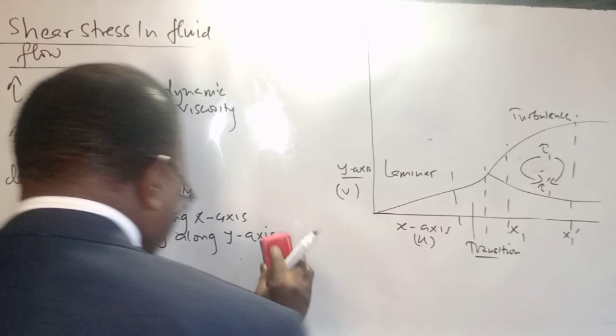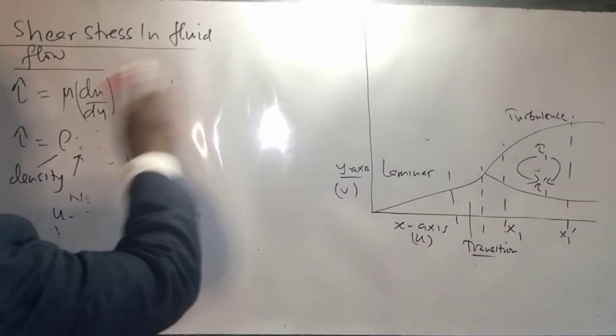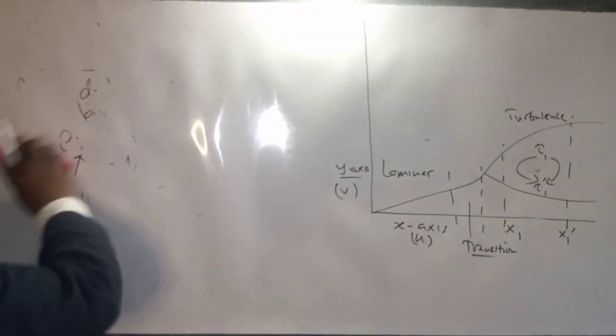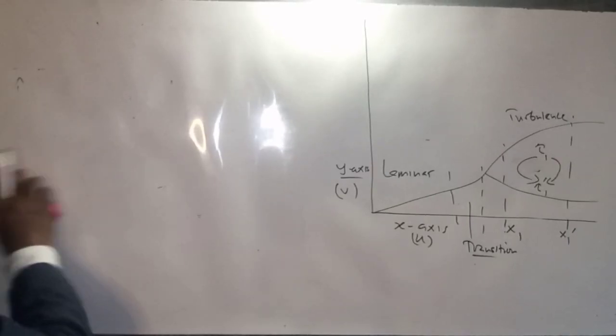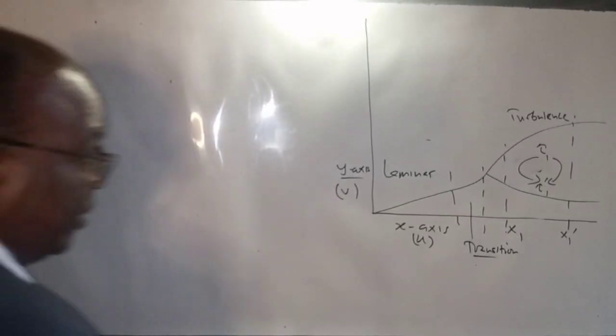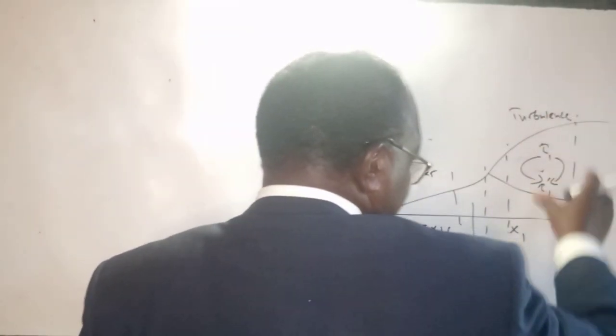And so if we resolve our velocities along the x and y direction, and also remember, we have said this is the turbulence region.